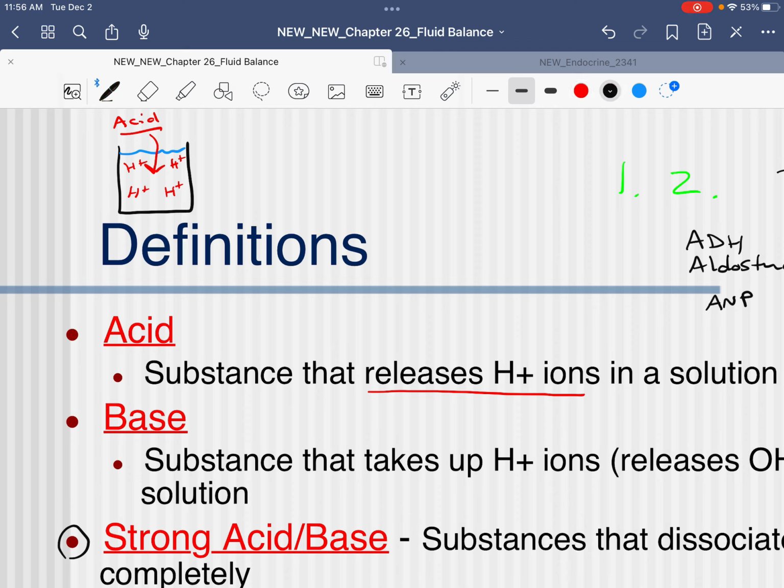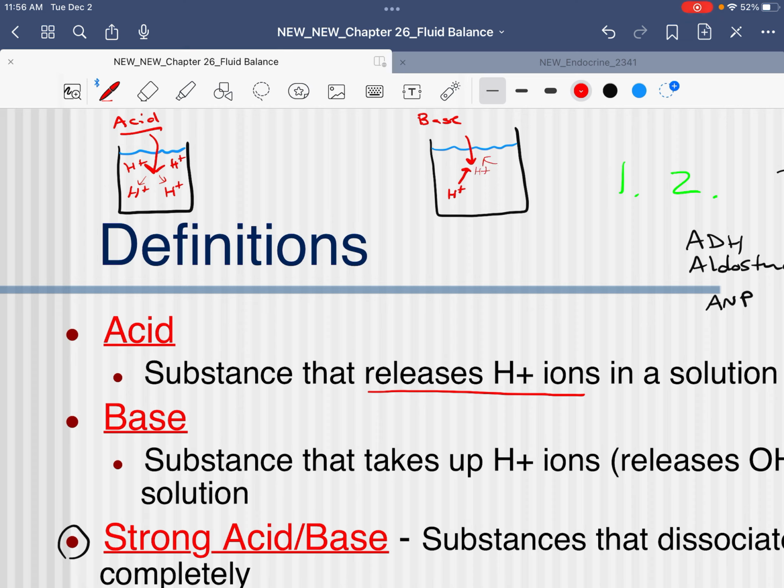On the other hand, when we talked about a base, again, we can have a beaker filled with fluid. When we add a base like baking soda to a solution, it actually picks up hydrogen. So the acid releases hydrogen into the solution, whereas the base picks up hydrogen.